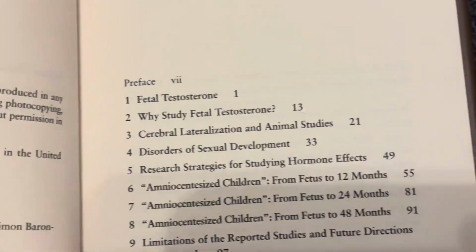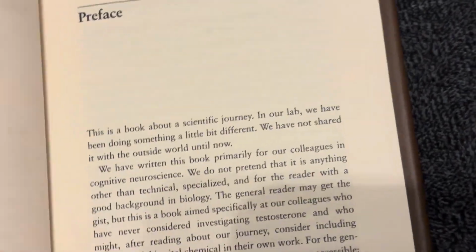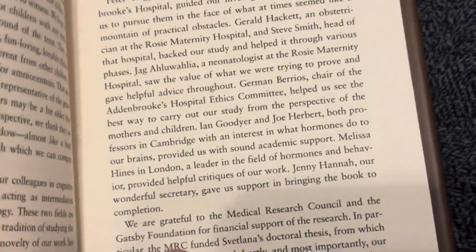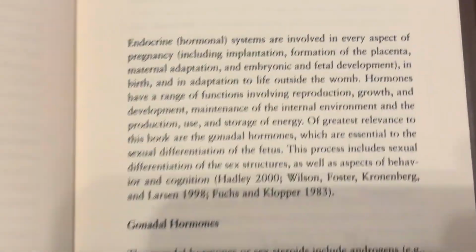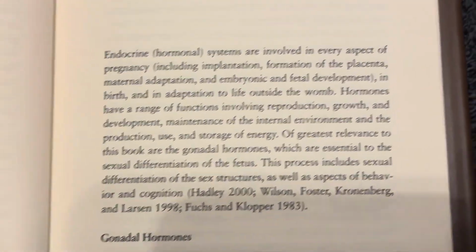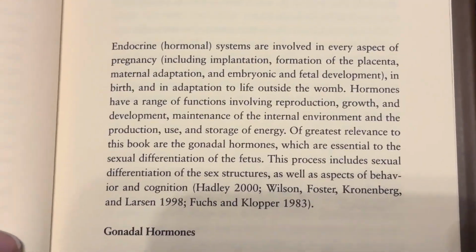Oh, we're only going to read a couple of chapters. We're going to read chapter 1, learn about fetal testosterone, and then we're going to jump ahead a little bit.